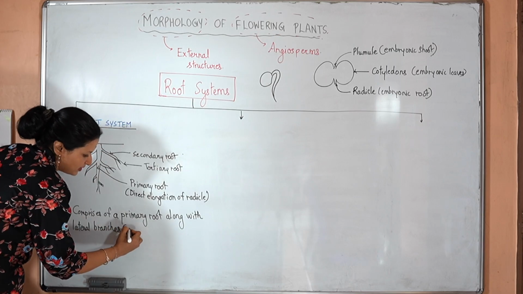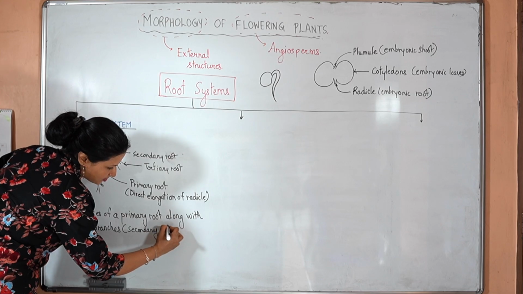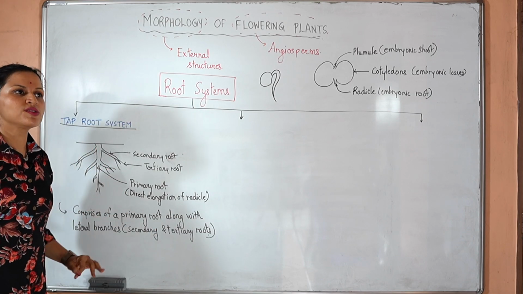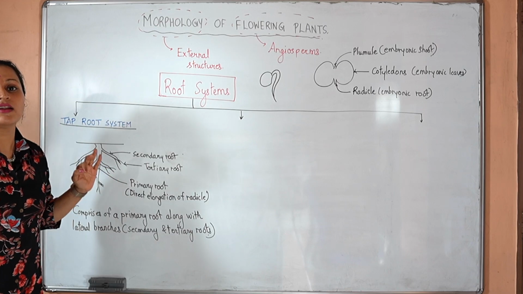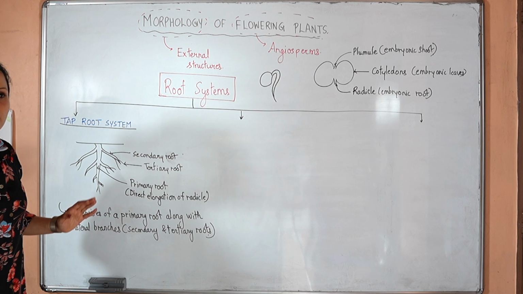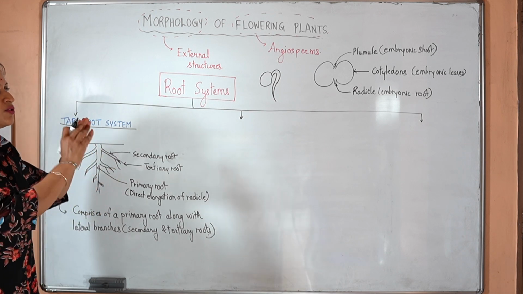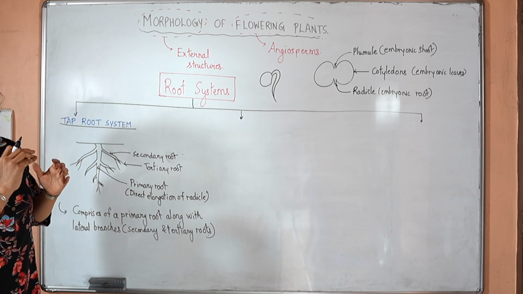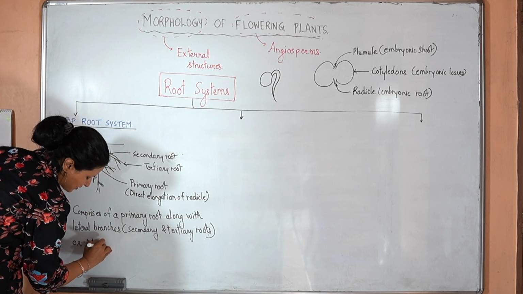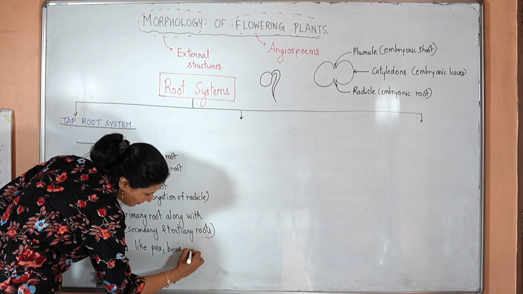Lateral branches will be the secondary and tertiary roots. This type of taproot system is mainly found in dicot plants. You know, dicotyledonous plants and monocotyledonous plants we had done, no? Dicotyledonous plants have two cotyledons and monocotyledonous plants have just a single cotyledon. Example, most dicots like pea, bean, gram, mustard.